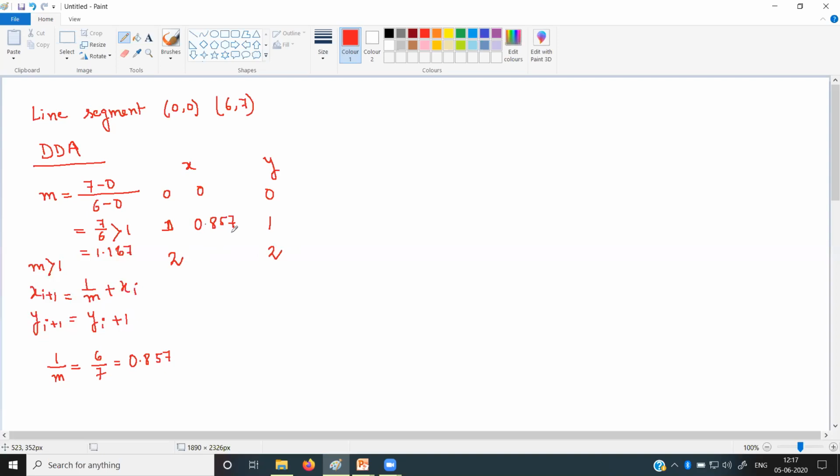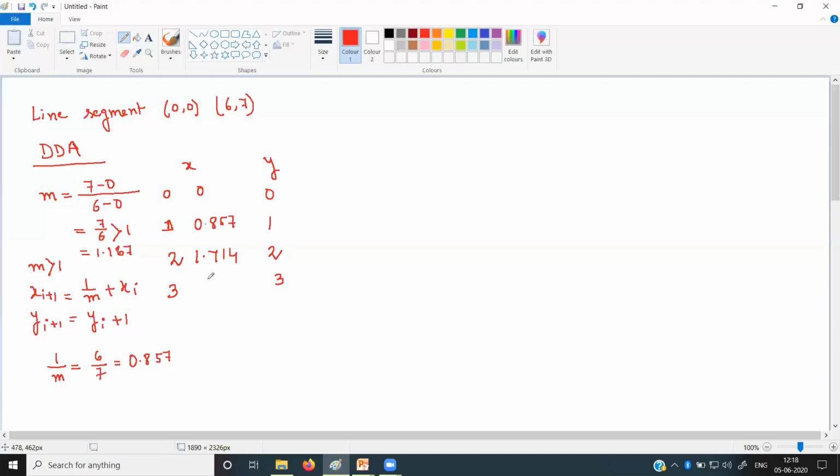See, make it clear. In my first iteration, the x value is this one. In the second iteration, the x value will be the x value of the first iteration plus 1 by m. So I have to compute 0.857 plus 0.857. It will be 1.714. Okay. In my third iteration, y value will be 3. Again I have to add 0.857 with this value.